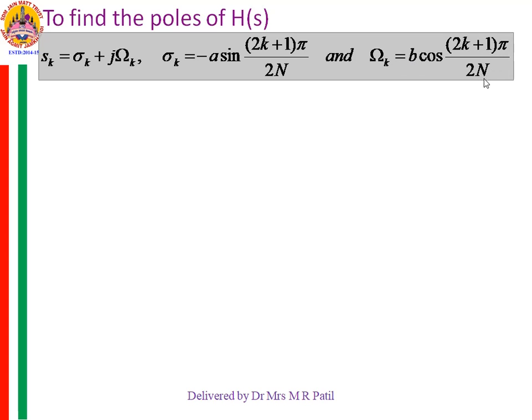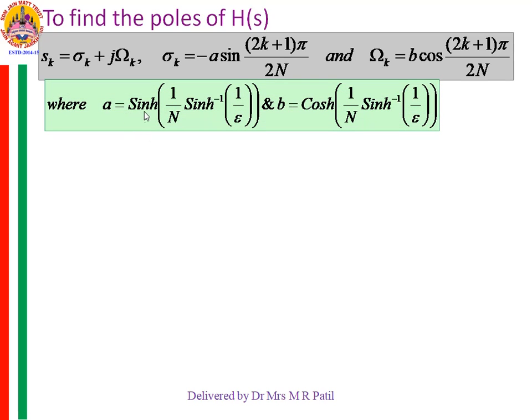Here n is 3, and k varies from 0 to 2, so we have to find a total of 3 poles. Where a is equal to sinh of 1 by n sinh inverse of 1 by epsilon, and b is equal to cosh of 1 by n sinh inverse of 1 by epsilon.